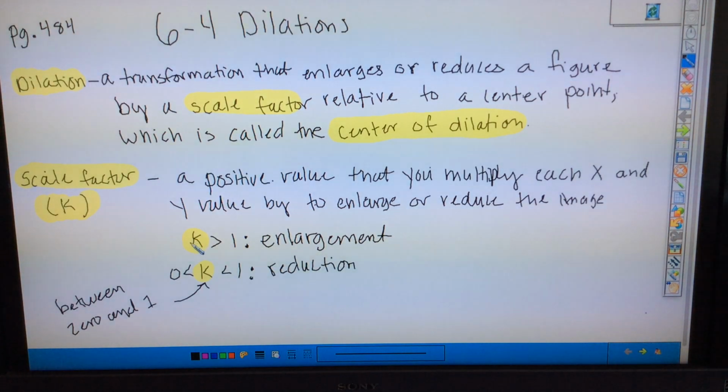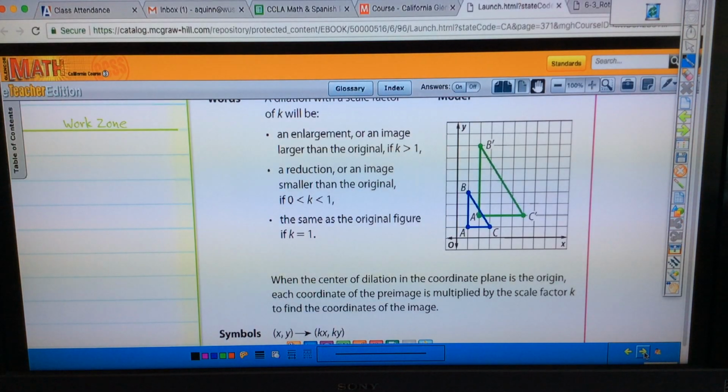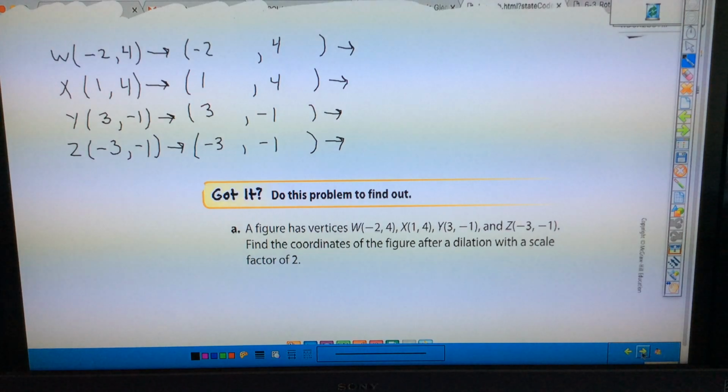So in other words, if the scale factor is larger than 1, the shape is going to get bigger. If the scale factor is between 0 and 1, so we're talking about decimals and fractions, the shape is going to get smaller.